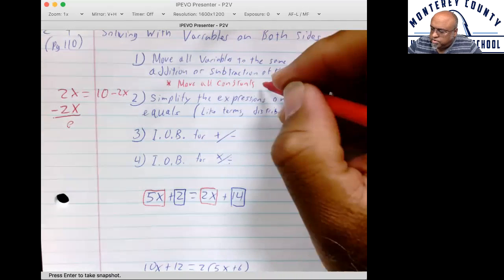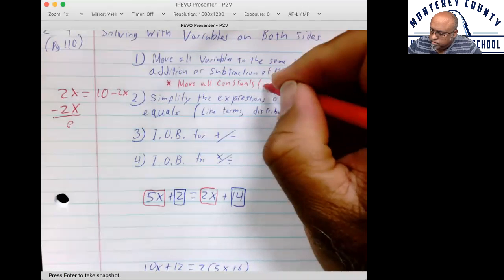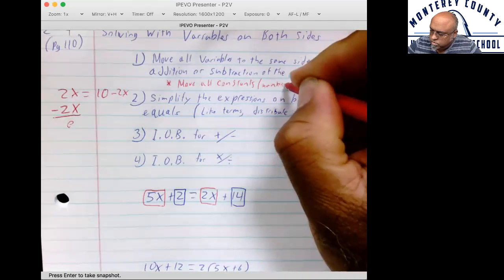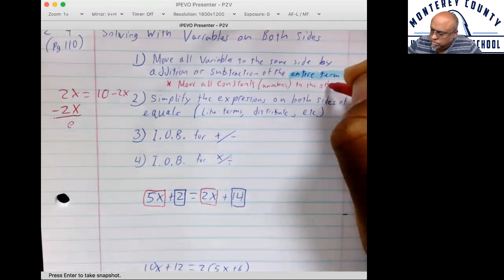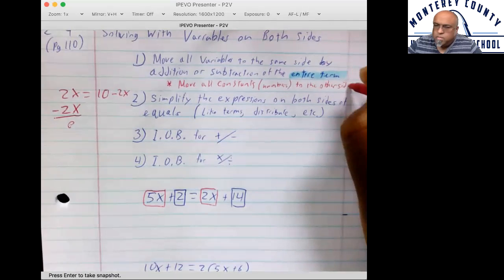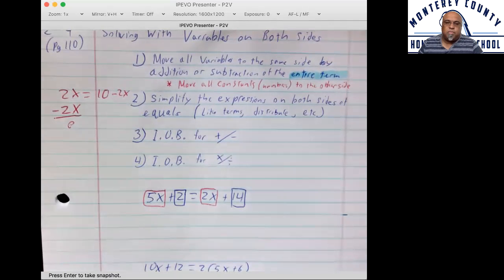Now, constants are just numbers. In my mind, because I've done this a few times, it was kind of obvious, but I just want to make sure that it's not obvious because you probably don't do this all the time.